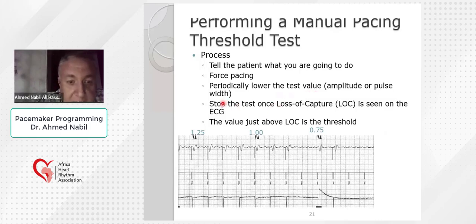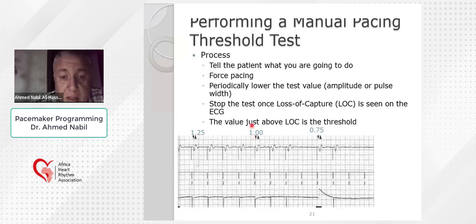And as we see here in this electrogram, the EGM, when I reached 1.25 volts, there is spike and QRS complex, spike QRS complex, spike QRS complex, spike QRS complex. So 1.25 is capturing, and it is with persistent capture.